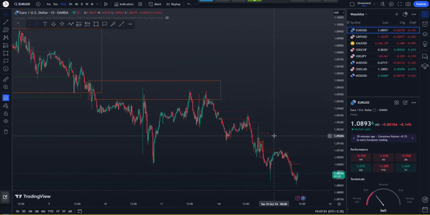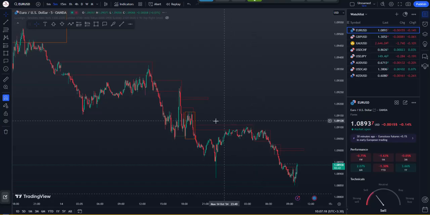In 15 minutes we can see here some levels, some important levels. You can see some things worked as great areas. This is the last of them, and makes that low.